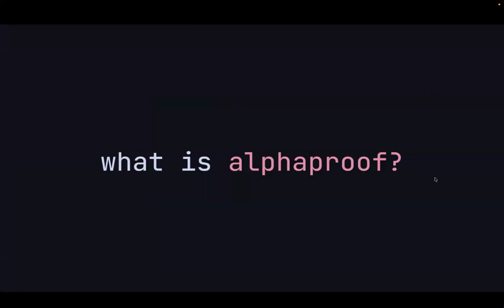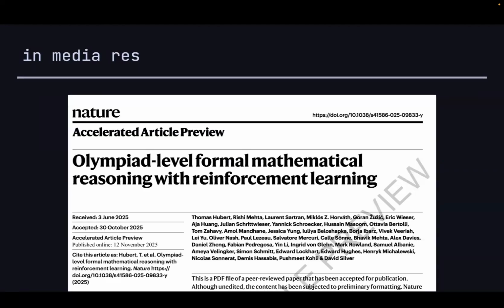We're going to start a bit in medias res and explain the higher level of what AlphaProof is. AlphaProof is a paper that was published, or accepted, 2 days ago.